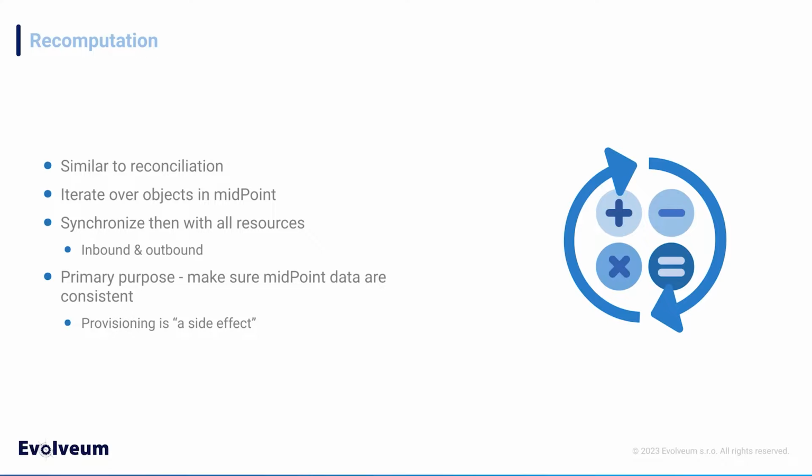So for reconciliation, we were given a resource. We were saying that its purpose is to make sure that MidPoint data are consistent with that given resource. The primary purpose of recomputation is to make sure that MidPoint internal data are consistent. And basically the provisioning that it is doing is a side effect. We are mostly trying to make sure that everything in MidPoint is consistent, and if you have some policy or some internal object mappings inside MidPoint, that is consistent.